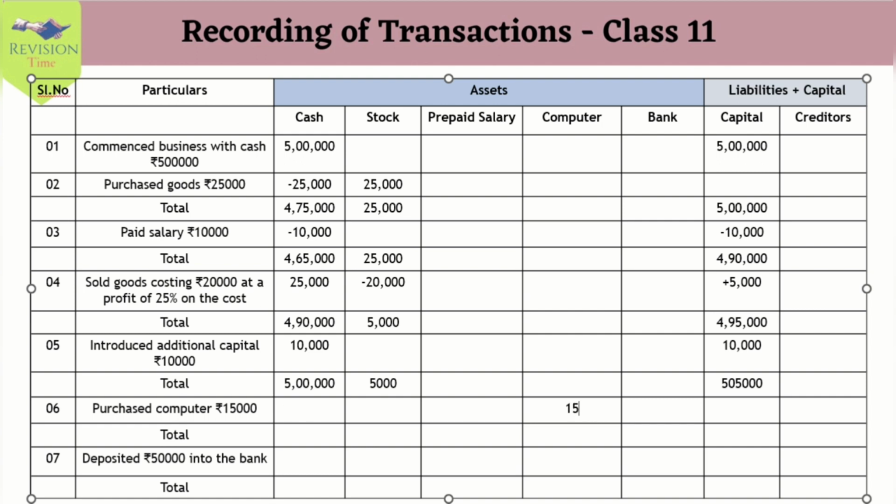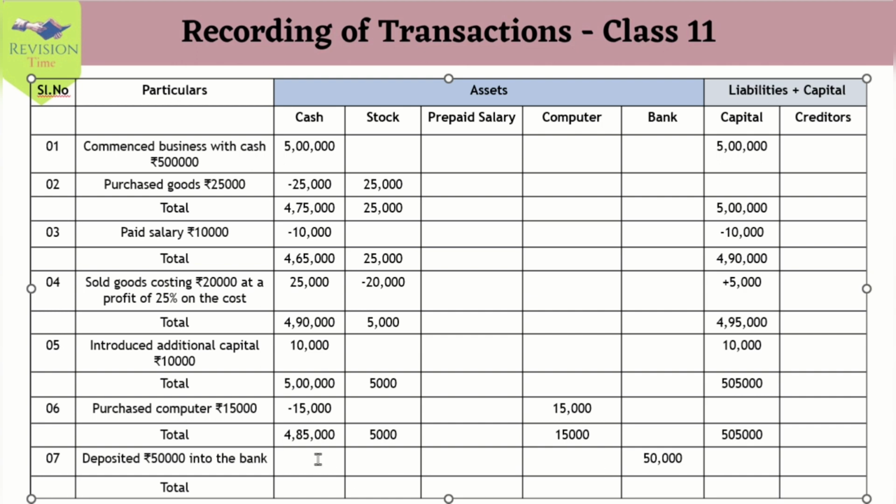Purchased computer for 15,000. Computer we are purchasing for 15,000. We are purchasing it for cash, so cash will be decreased by 15,000. Cash is remaining 4,85,000 with us, 5,000 worth goods, 15,000 computer, and here again 5,05,000. Deposited 50,000 into bank.